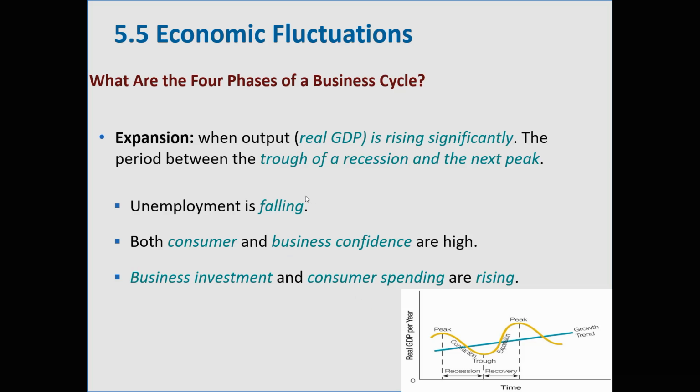Now, when we talk of expansion, we are looking at a situation where real GDP is rising significantly, and the period between it rising significantly and it going down is the trough, and so on and so forth. Now, what characterizes goods and services increasing? If you are producing more goods and services, generally you need to employ more people to produce it, so the unemployment rate is falling.